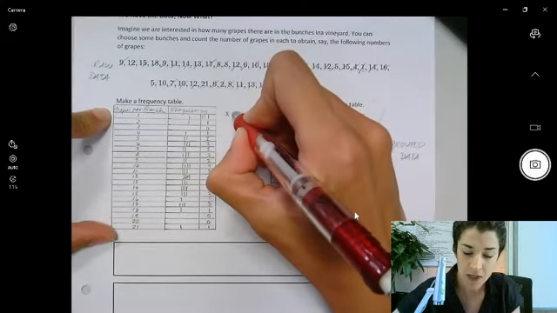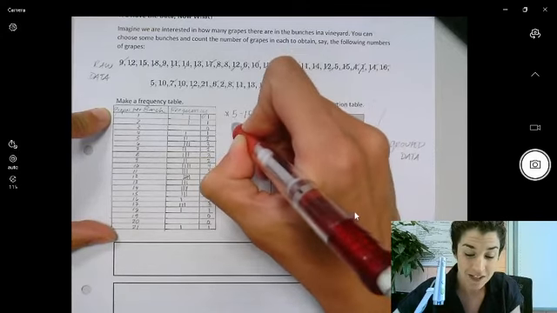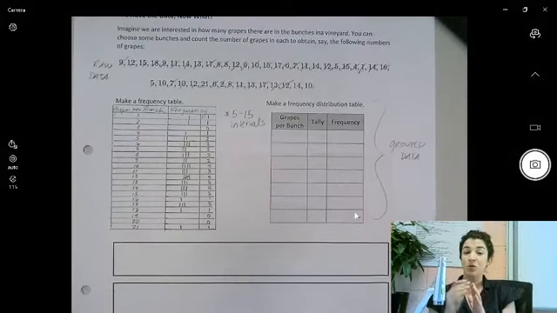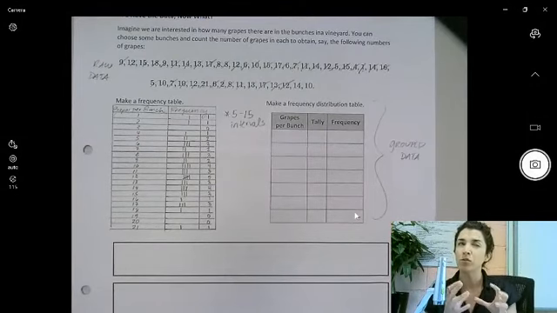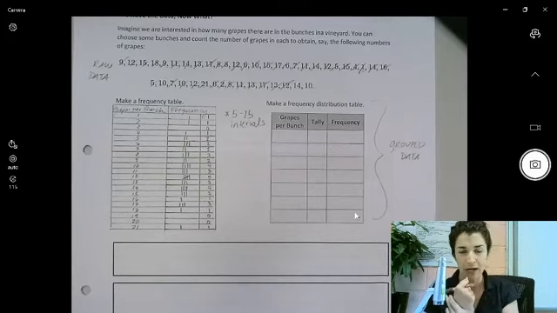You should have somewhere between 5 and 15 intervals when you're making a frequency table. So you should have somewhere between there. 5 is really not that much, and 15 is really probably too much. So that's really a true accurate range that you should be somewhere in the middle, a nice middle ground.